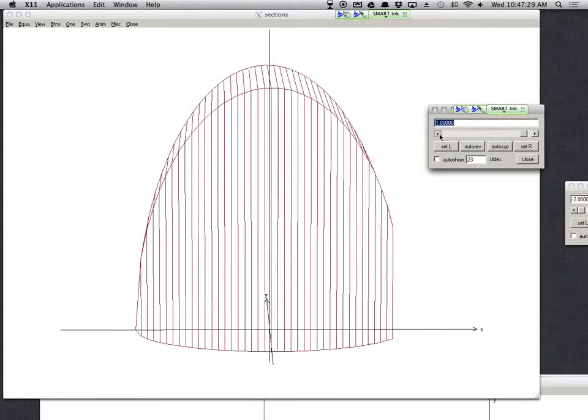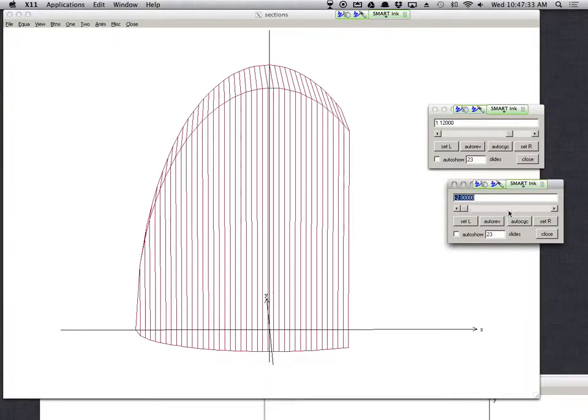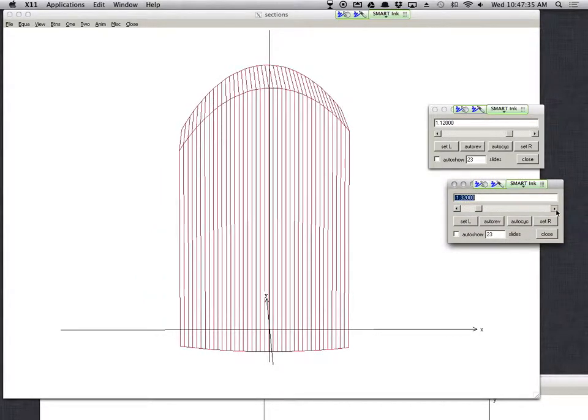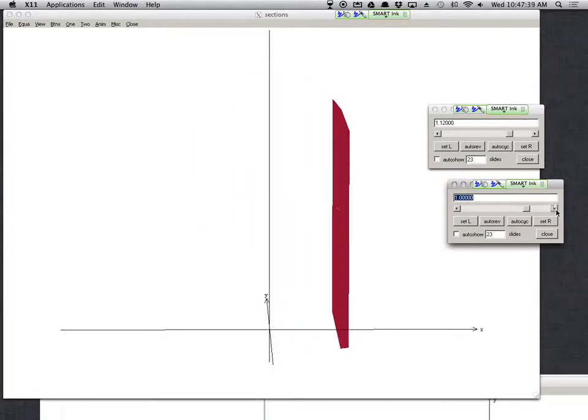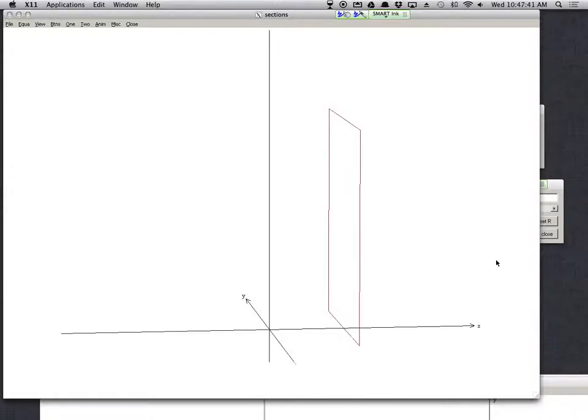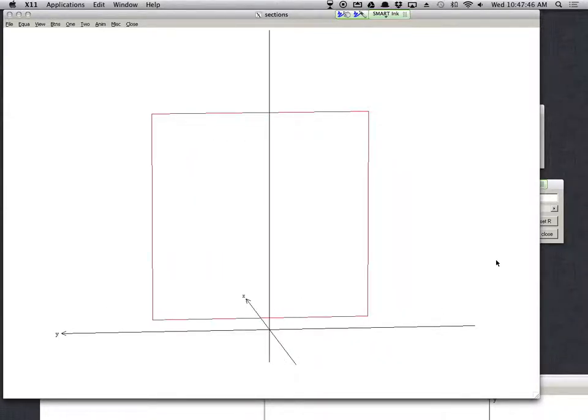So I'm going to come in from the left. Come in from the other side. And then I'm going to turn it, and you can see that it is a square. So I've got a bunch of squares sitting on top of a base that is a circle. That's what I've got here.